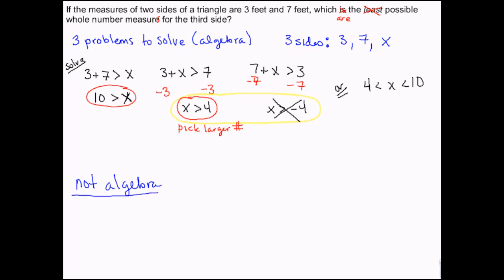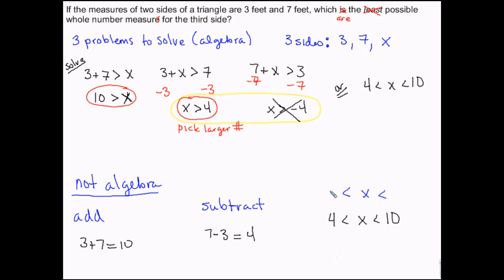To solve this without using algebra, you add the 2 sides that you're given. You subtract the 2 sides that you're given. And then you put basically like that, and this is the small, and this is the large.